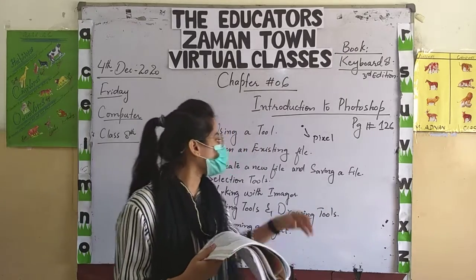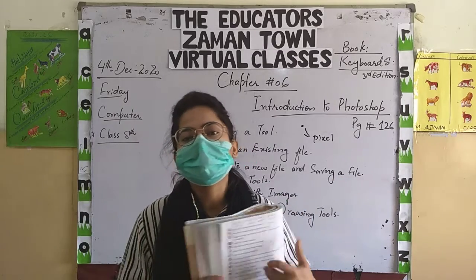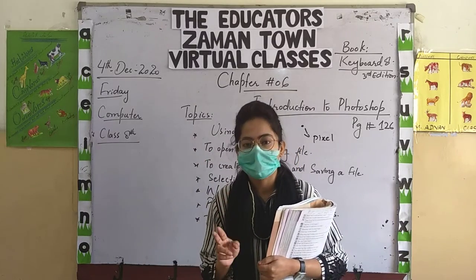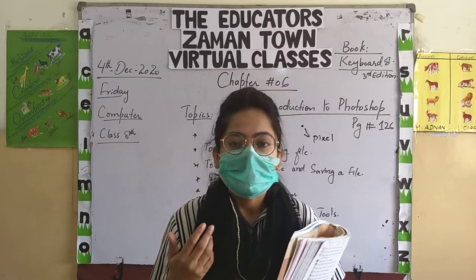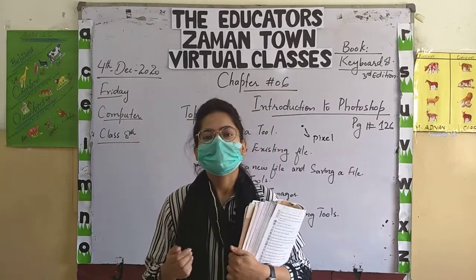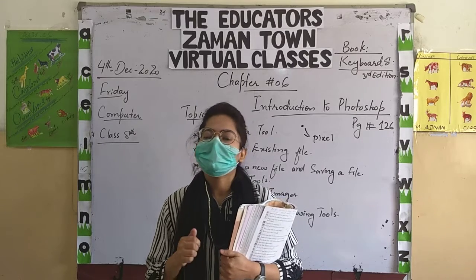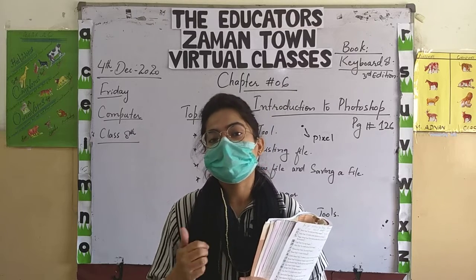Then we have saving a file. How to save a file? We have two options, save and save as. First of all, what is the difference between save and save as? When you are working for the first time, means if you are creating a new file and then you want to save, then you will use the save option. But if you are working on an existing file, it means this file was already saved earlier.